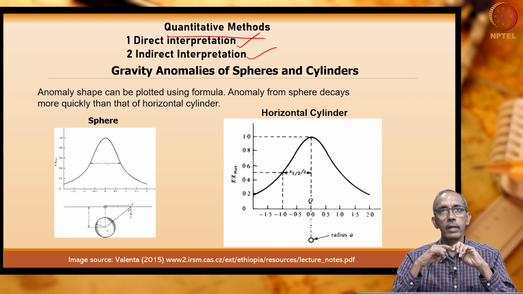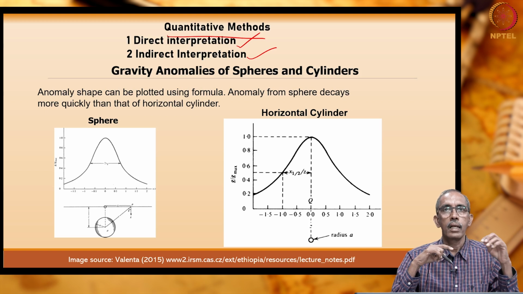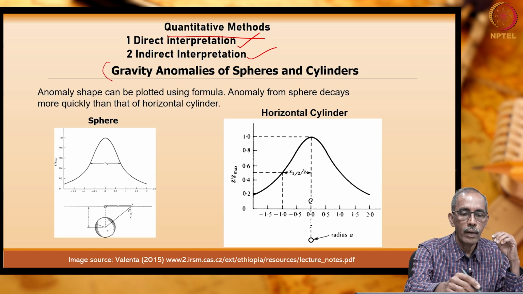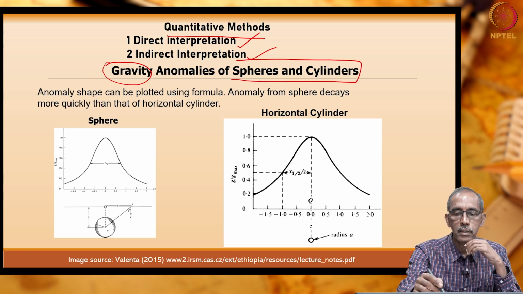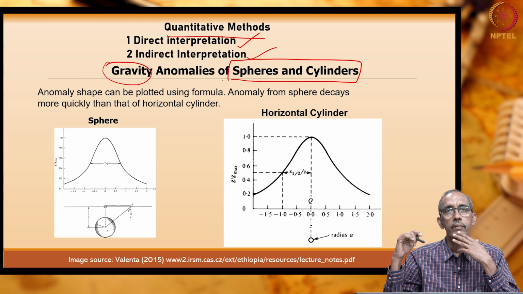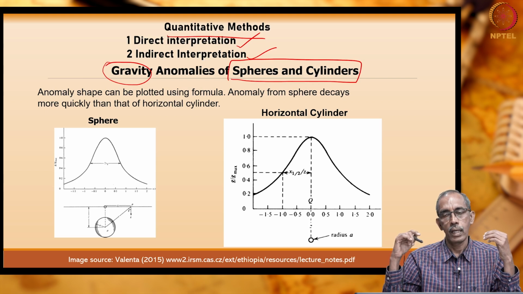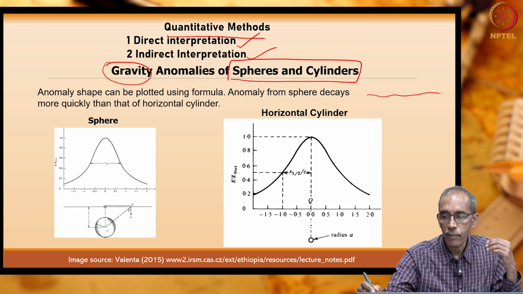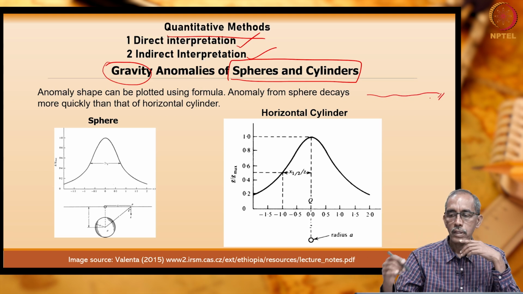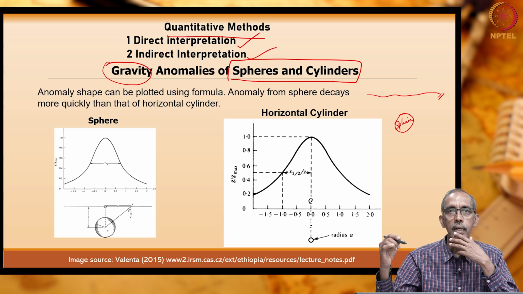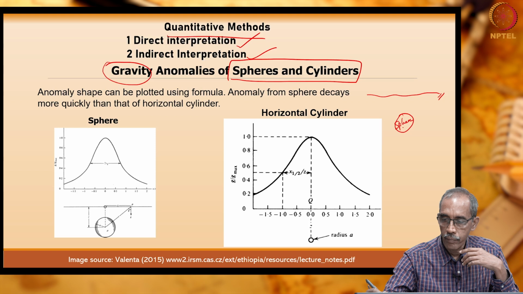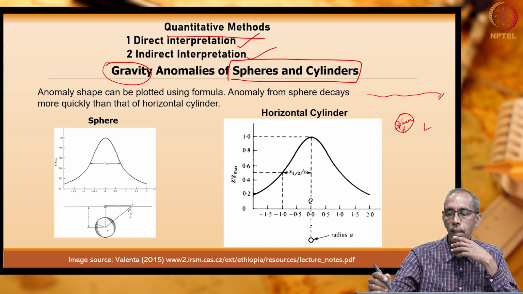So, the anomaly in the gravity which we measure over differently shaped bodies has been established very well by different researchers, right. Imagine this is the surface of the earth. Beneath the surface of the earth, suppose you have a sphere whose density is high compared to the surroundings, right. This is the ground surface.